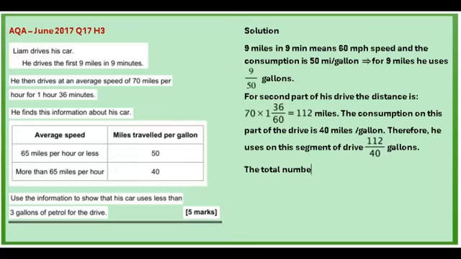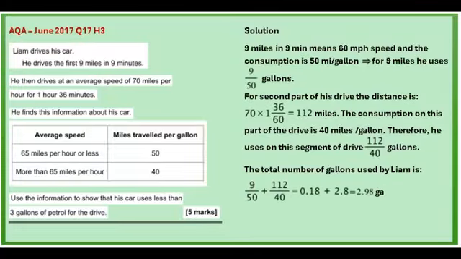So 9 over 50 plus 112 over 40, you get his consumption, which if you compare to 3, you can see it's less than 3 gallons. So that's your answer to the problem.